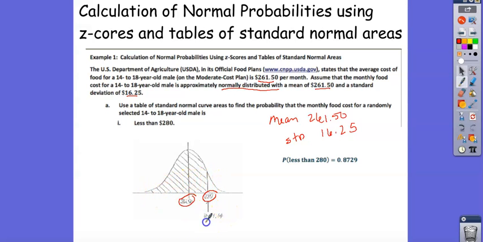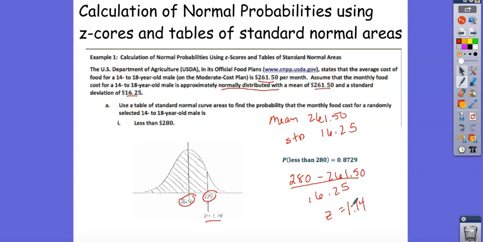To use the table, you have to know your z-score. So I'm going to pick 280 minus 261.50, divided by my standard deviation, and I would get my z-score of 1.14.